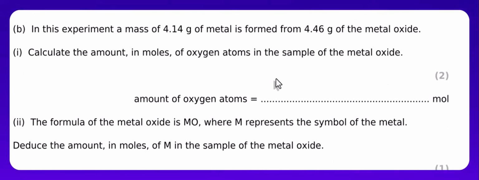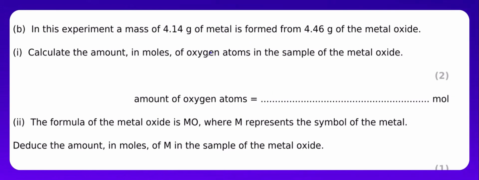In this experiment, a mass of 4.14 grams of metal is formed from 4.46 grams of metal oxide. So we are supposed to calculate the amount in moles of oxygen atoms in the sample of the metal oxide. So how can we get the amount of oxygen atoms?